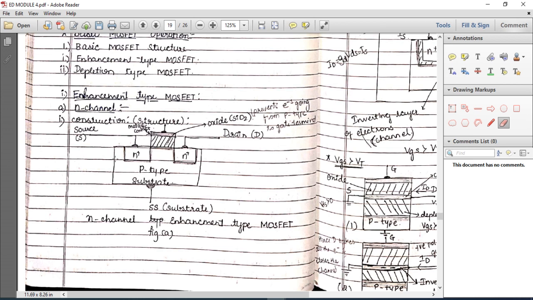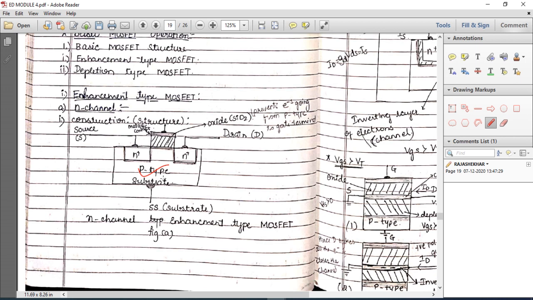So here, what does it consist of first? It consists of one P-type material here. I call this a P-type material which is used here. This P-type substrate is used as a basic foundation on which the MOSFET is constructed. Okay.